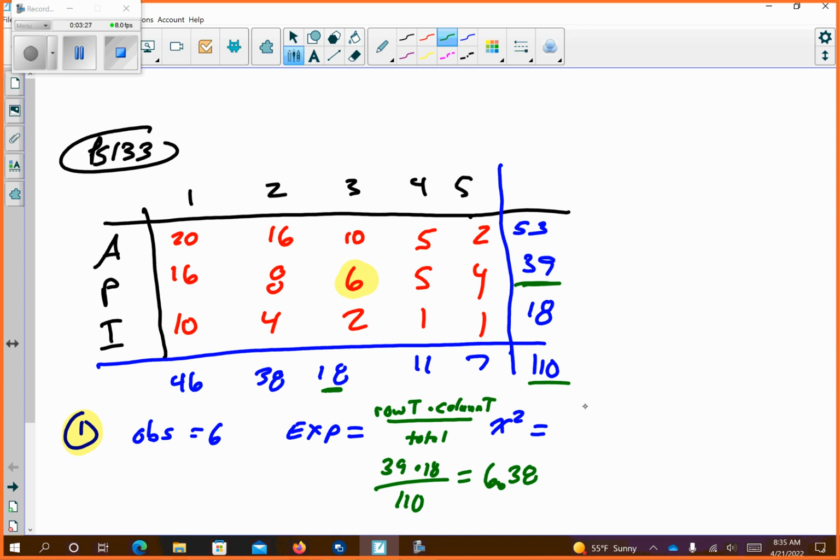The chi-squared value, remember, is the observed minus the expected, quantity squared over the expected. So the observed in this case would have been 6 minus the expected, which is 6.38, quantity squared, divided by the expected.